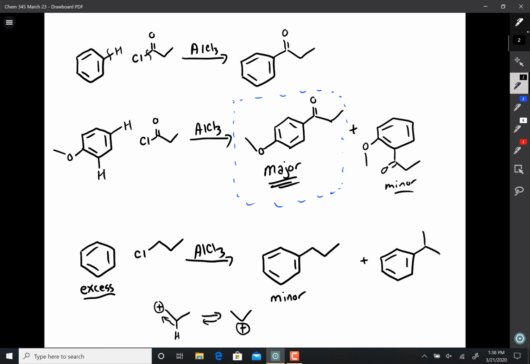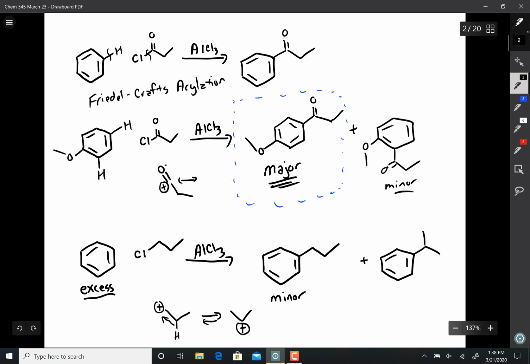Friedel-Crafts acylation up above, the carbocation electrophile that it uses is the acylium cation, which is a resonance stabilized cation. And as a result, this is a major resonance structure, complete octet.